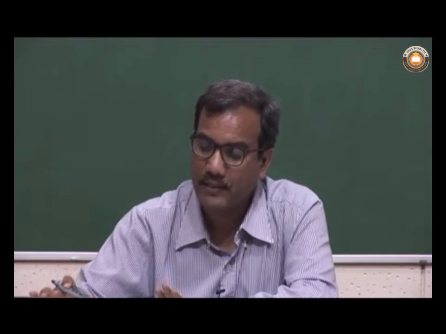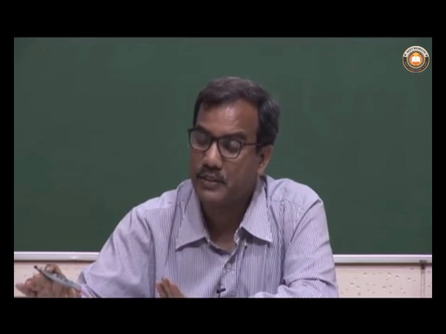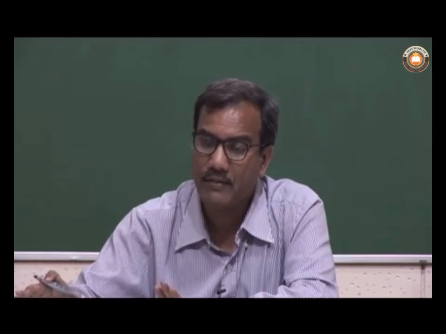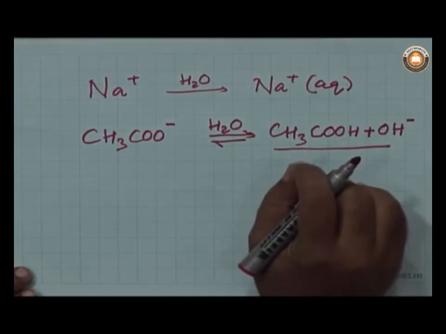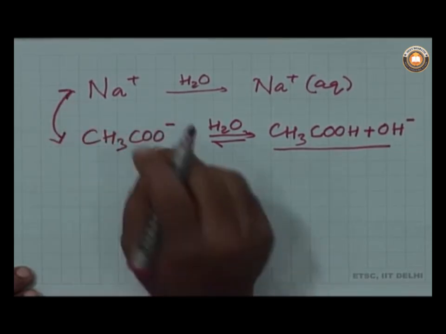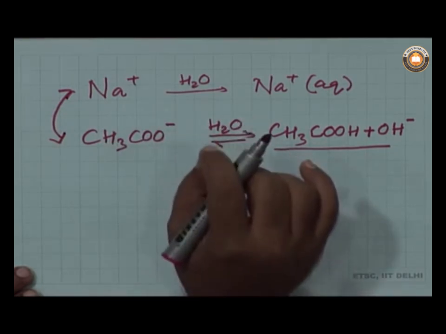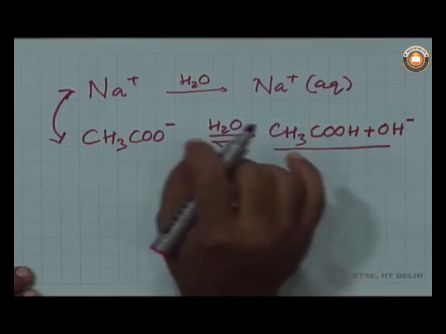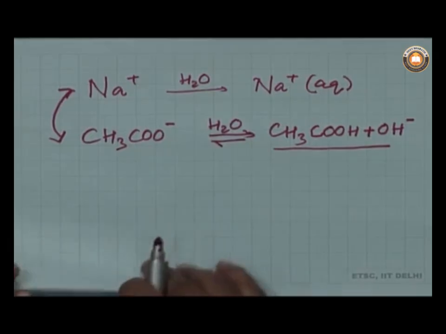One type of ion will simply hydrate, whereas another ion, for example CH3COO minus, will react with water to give acetic acid plus OH minus ion. Depending on the kind of behavior an ion shows in aqueous solution, we have a strong electrolyte or a weak electrolyte.